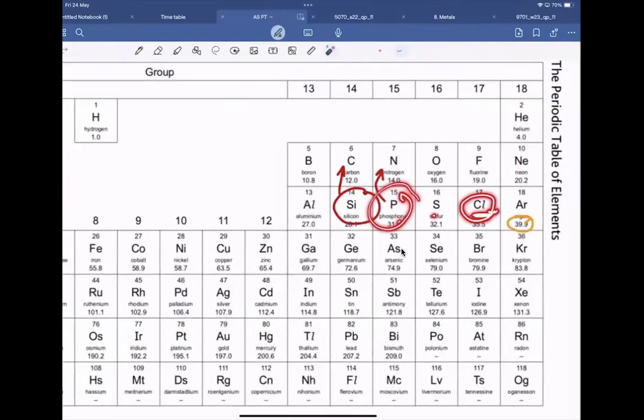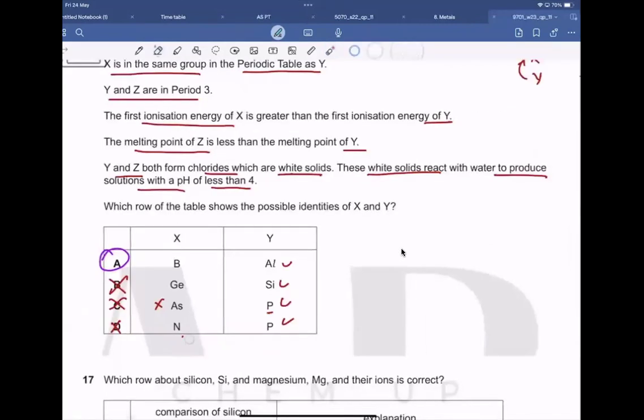So how can its chloride exist? Because they are saying that the chlorides of Y and Z are white solids, right? So if we take any other white solid and its chloride, it has a higher melting point than phosphorus. So that's why D is not the correct answer. So we are left with A only. So A is our correct answer.